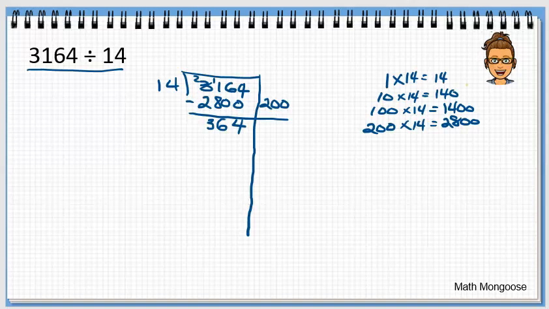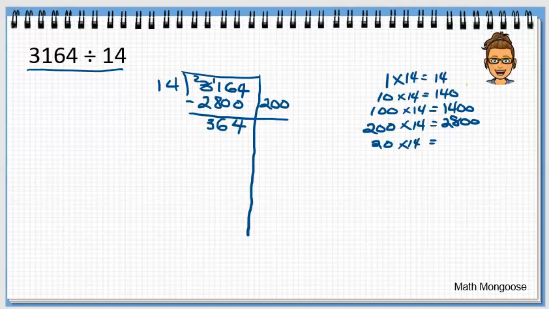Okay. What can we take? Well, let's look at what we have, 364. Are there any numbers close to 364? Well, we have 140. That's still a little bit far away. That's 10 groups of 14. What about if we had 20 groups of 14? If 10 groups of 14 is 140, 20 groups of 14 will be twice that amount.